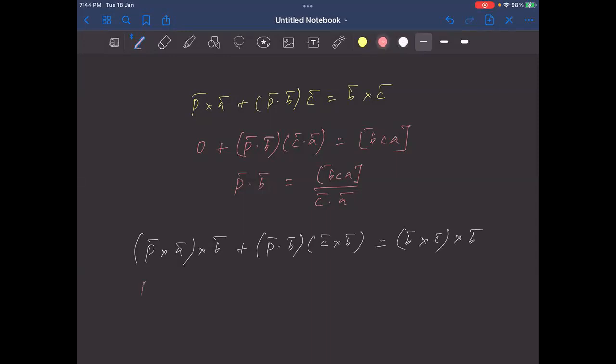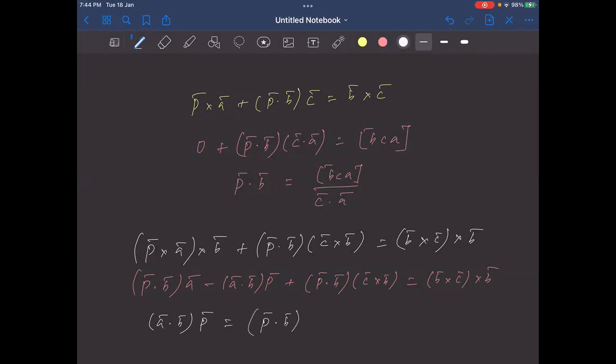ऐसा करने से क्या फायदा होगा? पहला टर्म आ जाएगा P dot B तो वेक्टर A, करेक्ट है। तो देखो अब क्या हो गया, we got A dot B into vector P is equal to P dot B, if you take common. इसको तो मैं रिप्लेस कर सकता हूँ ना P dot B को इस डेटा से?